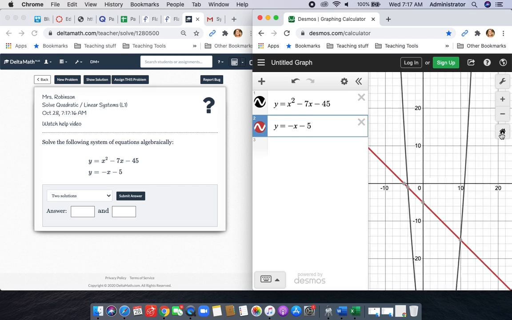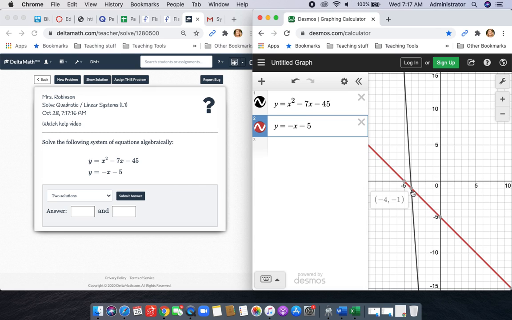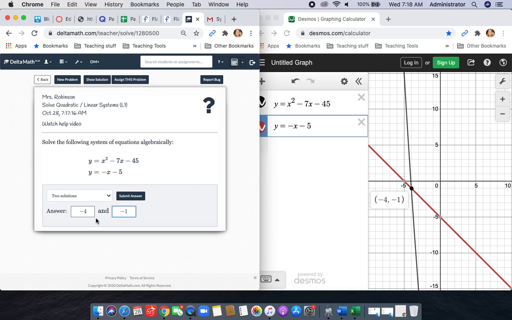So I'm just going to hit home to kind of reset that. If I hover over that point there, I've got one of them at -4, -1. I have 2 solutions here.